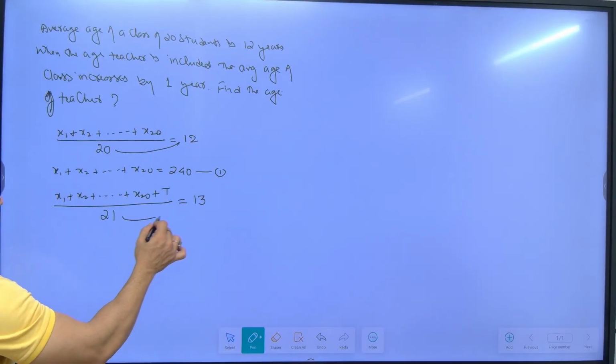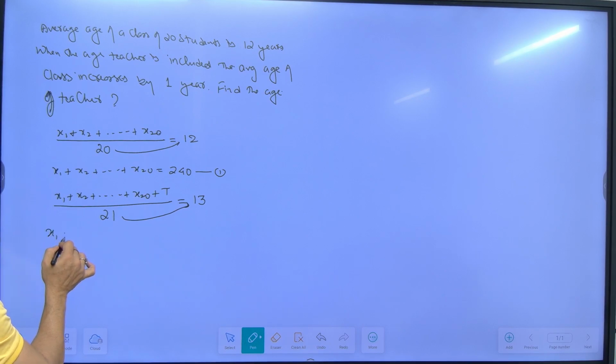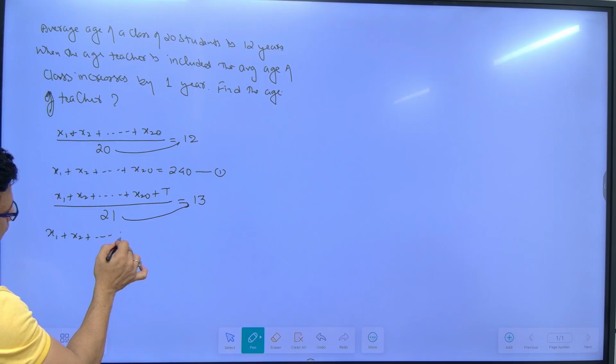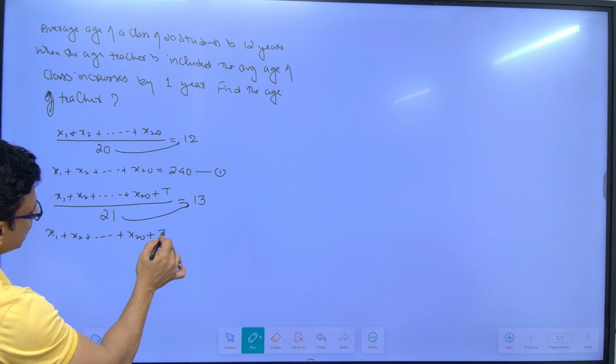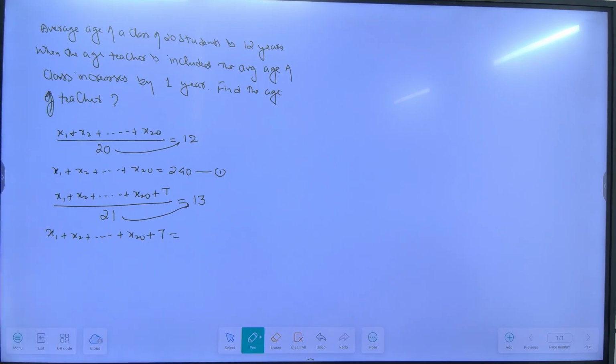Now you cross multiply: x1 plus x2 plus up to x20 plus t equals 21 times 13. Write 21 as 20 plus 1, times 13.